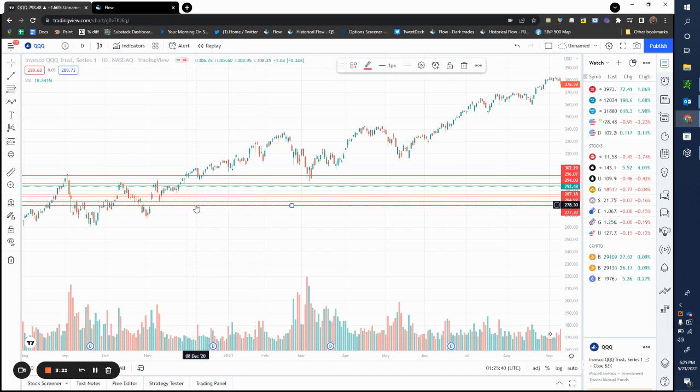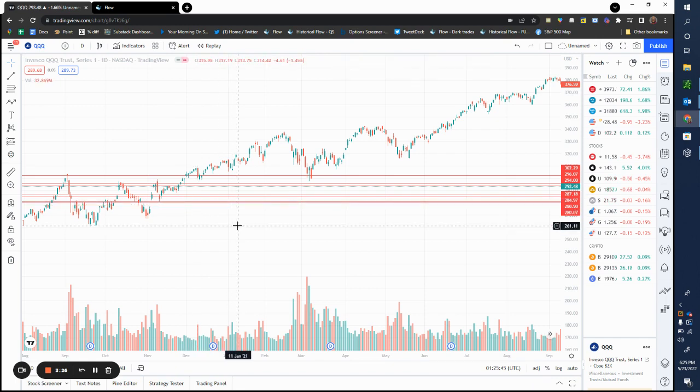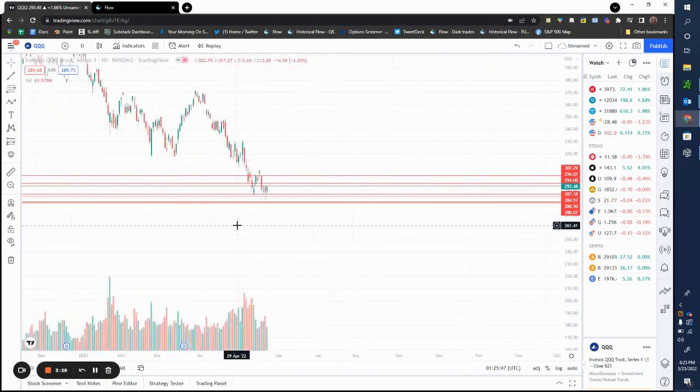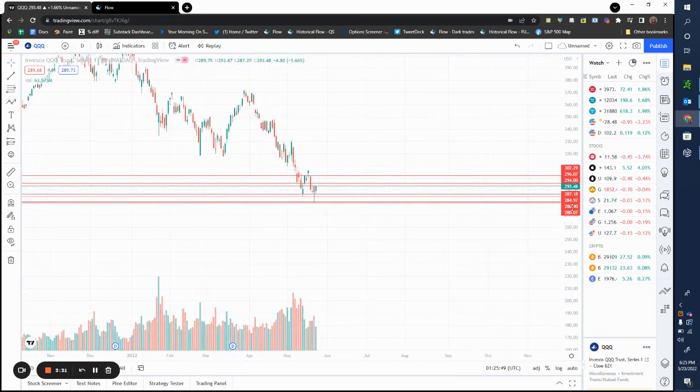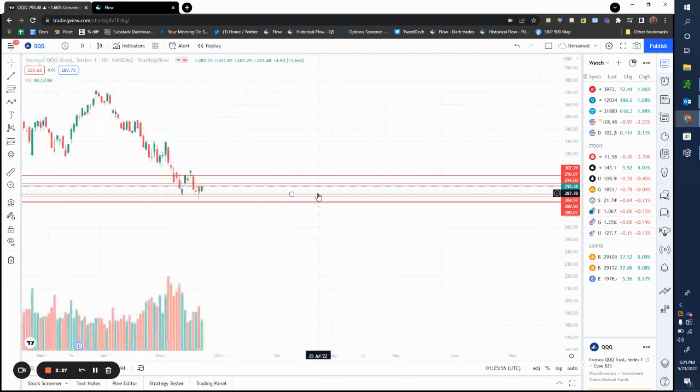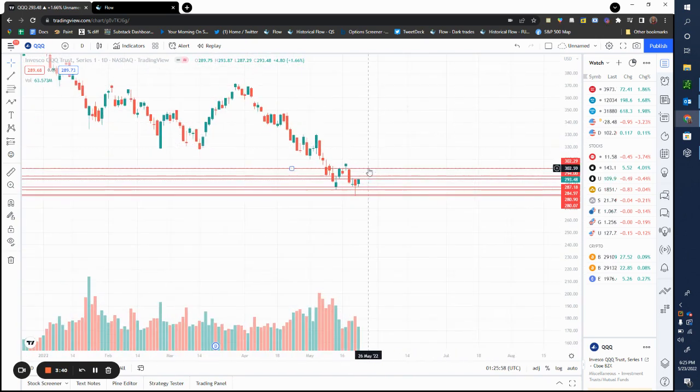Let's see. All right, so let's scoot him up. Okay, and now he's letting us know where another bottom is. So you see that it makes sense there because it's at about 280. So we're going to focus on this area here. All right, let's zoom in a little bit.